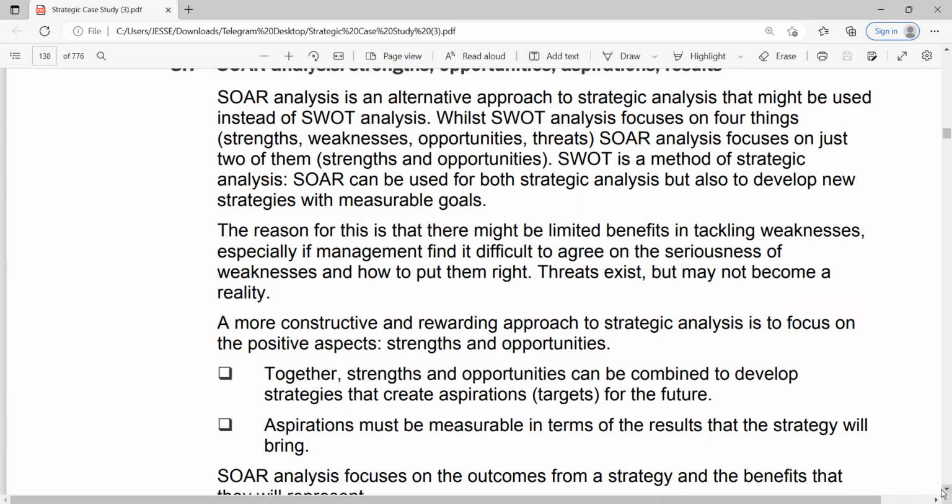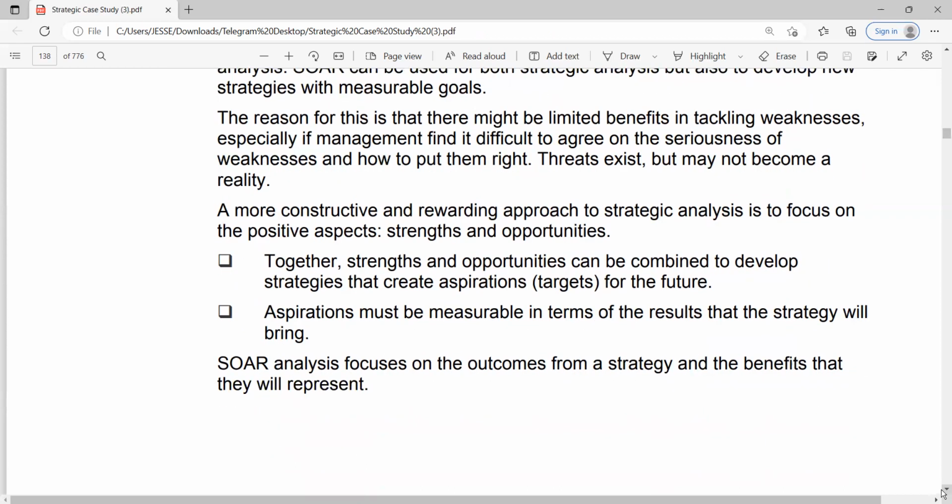The positive aspects. So you have strengths, opportunities, which we've explained. So strengths and opportunities can be combined to develop strategies that create aspirations for the future. Aspirations must be measurable in terms of the results that the strategy would bring. Right, so you have your strengths, you have opportunities.